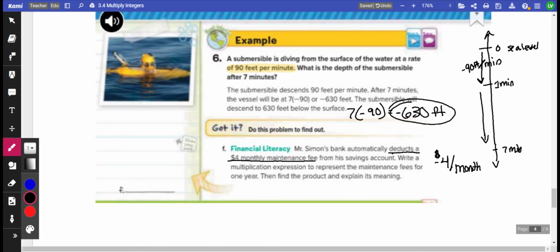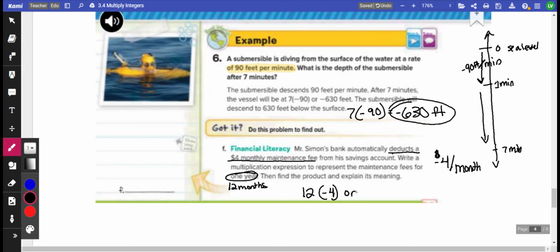All right, continue with the next sentence. Write a multiplication expression to represent the maintenance fees for 1 year. Well, I have to think about this. How many months are in a year? Well, that's going to be 12 months. So to get the multiplication expression, I'm going to take the monthly maintenance fee of negative $4 and multiply it by the number of months, 12.